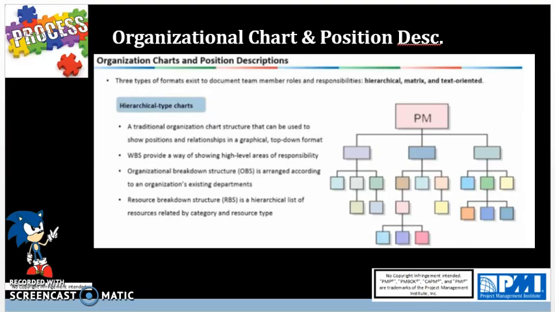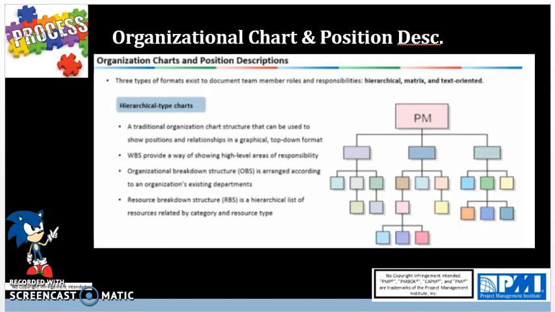A company is usually broken down into functional departments like IT, human resources, CFO, CEO, CIO, and various other departments such as accounting. So typically you do have hierarchies, but it depends. Sometimes you might have the PM on top, sometimes you have another functional manager on top, so it depends on the company structure and the overall culture of the company. This will vary based on the company that you're working for.